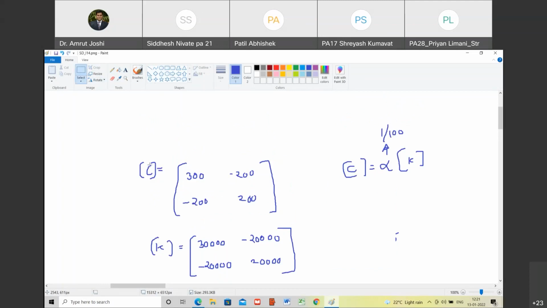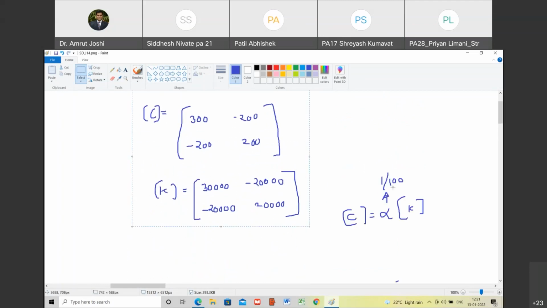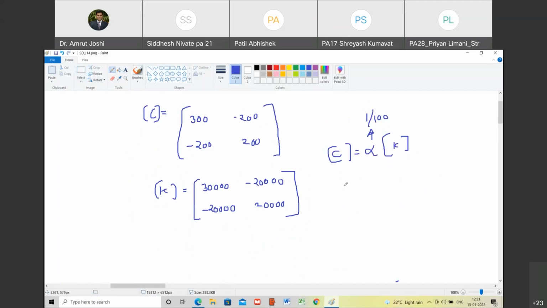If damping follows such kind of property, we call it stiffness proportional damping.